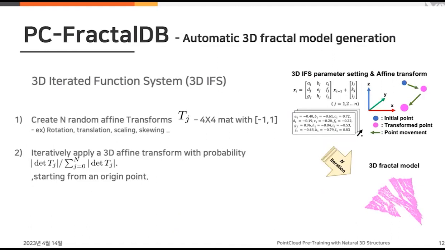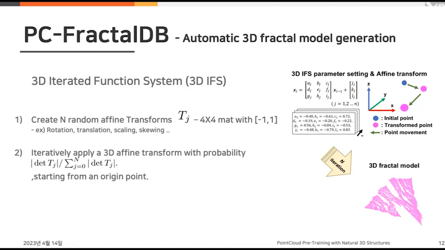So there are 2 points. And then that transformed point is also affine transformed by another TJ. And they keep multiplying like that, and you get 4,000 points. So you have affine transformation, and then you have 3D fractal model. How are they related? Do you apply affine transformation to the fractal model, or the other way around, or how are they related?